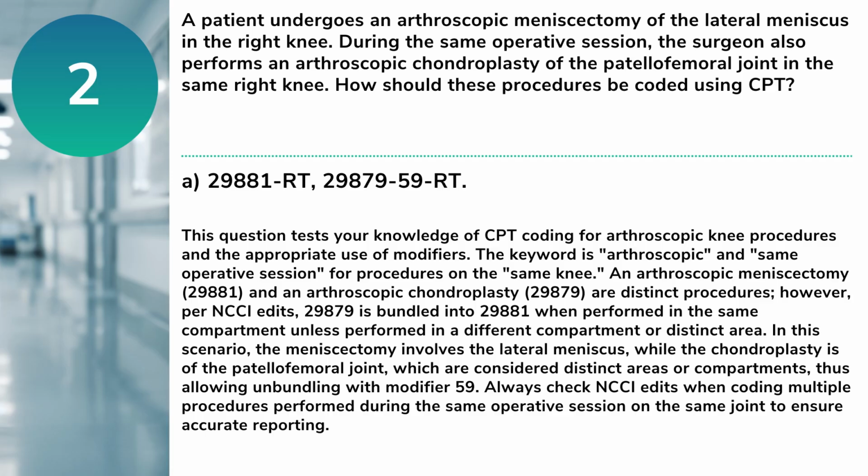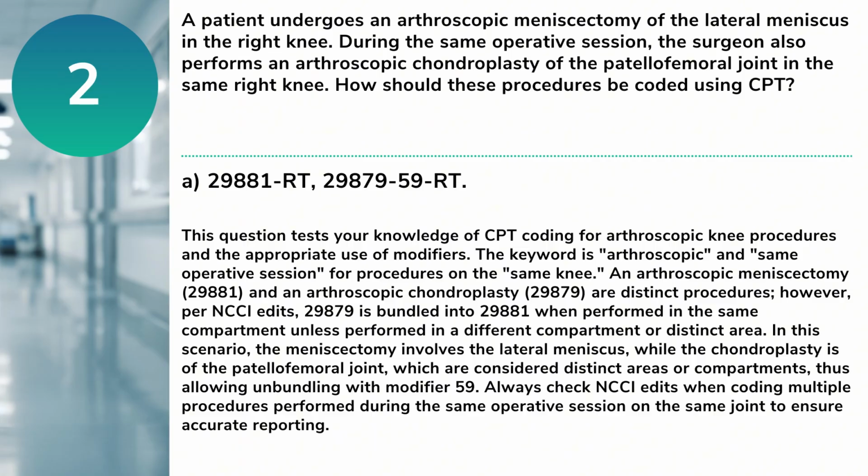The keyword is arthroscopic and same operative session for procedures on the same knee. An arthroscopic meniscectomy, 29881, and an arthroscopic chondroplasty, 29879, are distinct procedures. However, per NCCI edits, 29879 is bundled into 29881 when performed in the same compartment unless performed in a different compartment or distinct area.